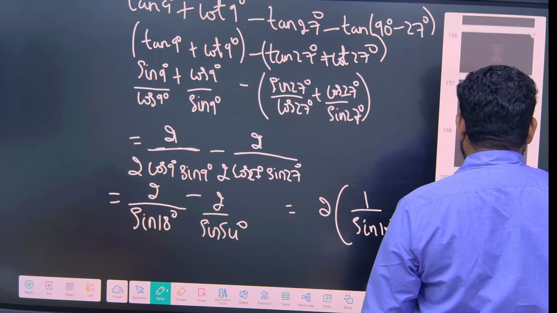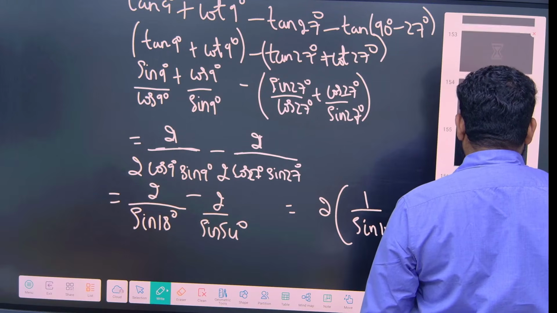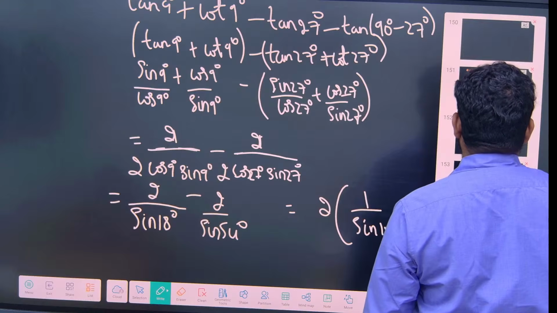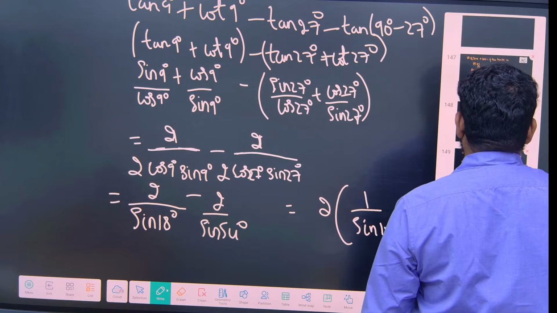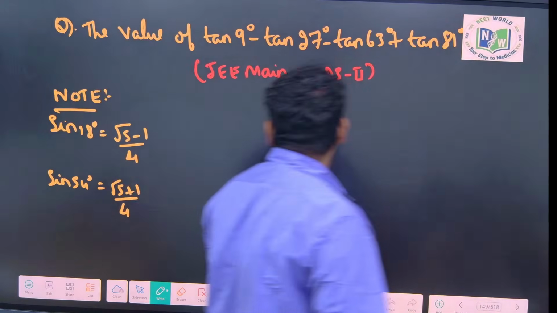Written somewhere, the value of sin 18 and sin 54. Okay, please make a note of it.